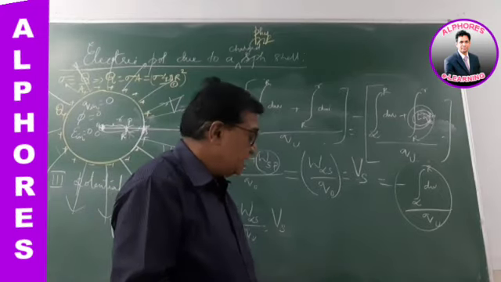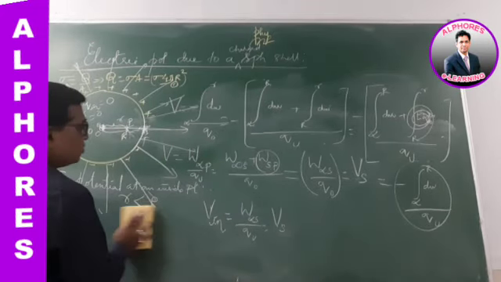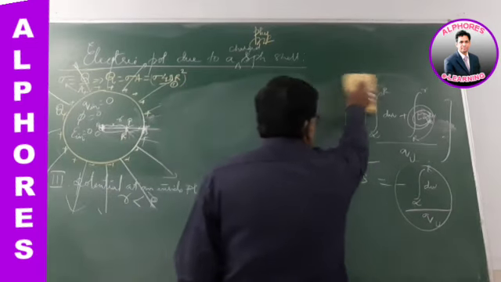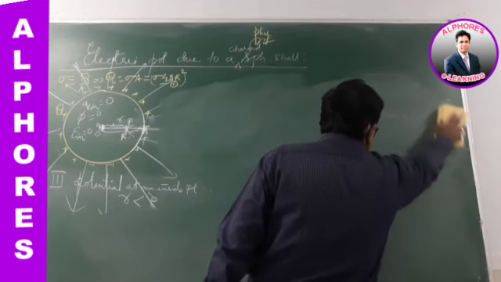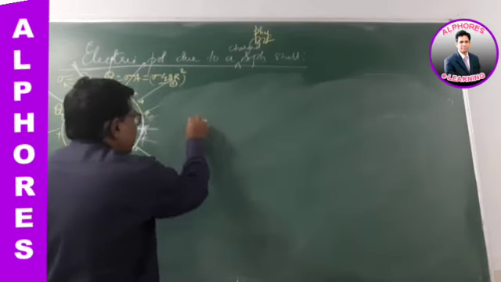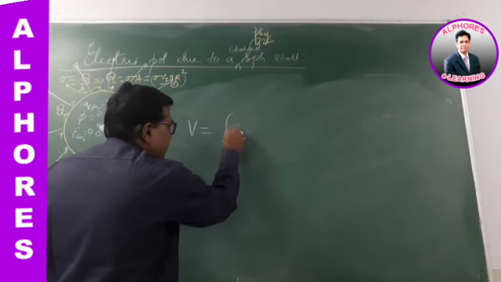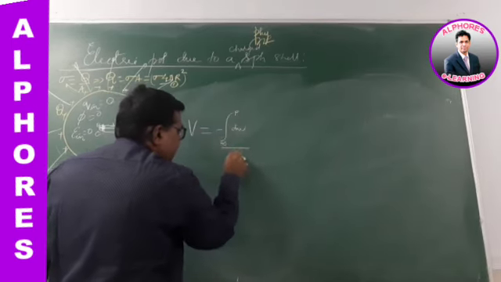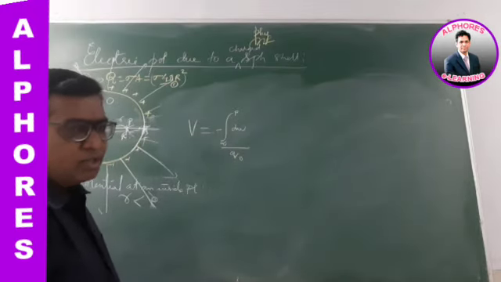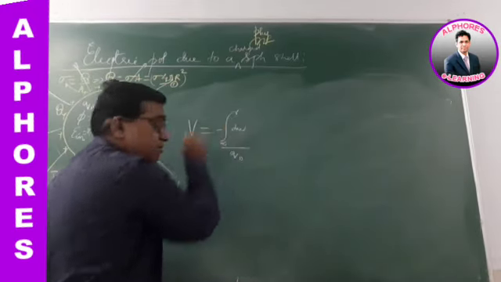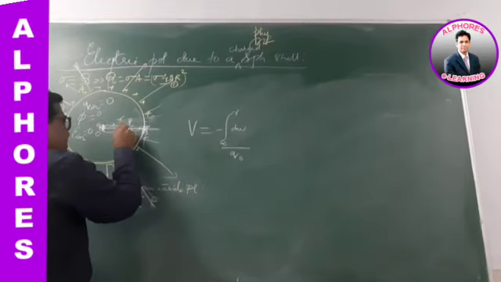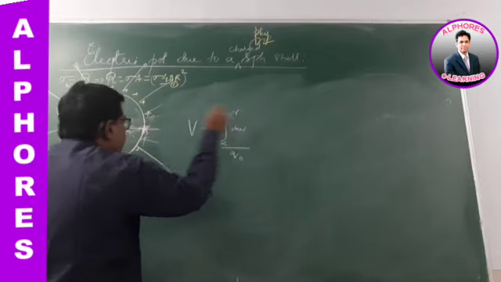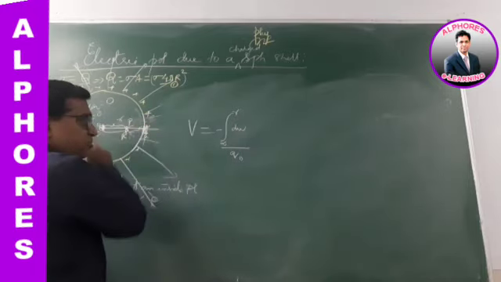To find the potential at any inside point, potential is defined as the total work done in moving a charge from infinity to the point in the field, against the field, by q naught. So the point in the field is at a distance small r. From infinity I have to come to small r, point P.